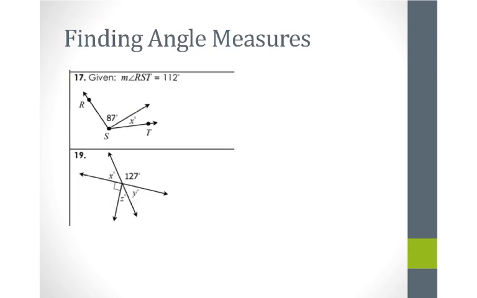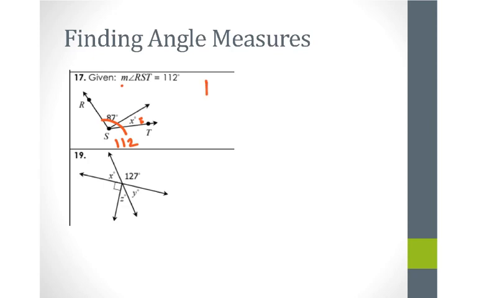Okay. So given the measure of RST is 112, so this full angle is 112. I need to find X, okay? Well, the full angle is 112, part of it's 87. Solving for X, what do you think you're going to have to do? If I knew the full thing's 112, I knew part of it's 87, I need to find the missing.